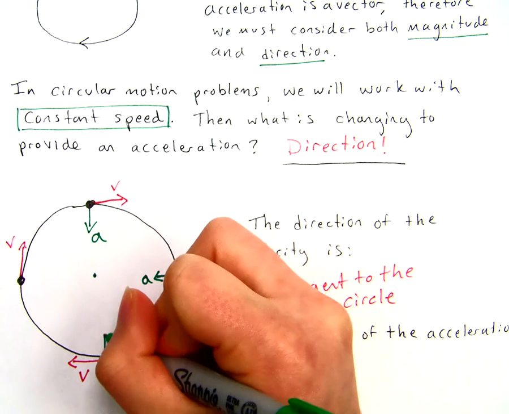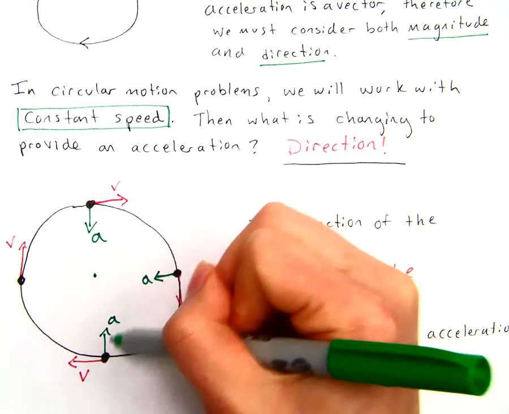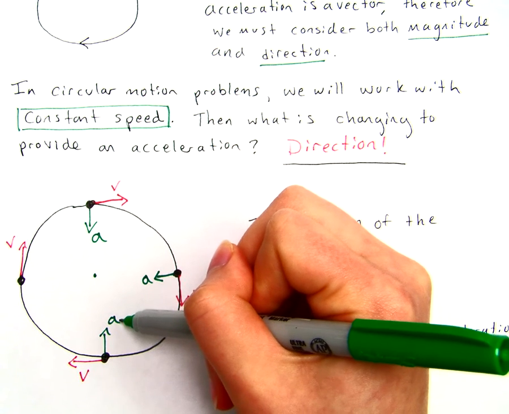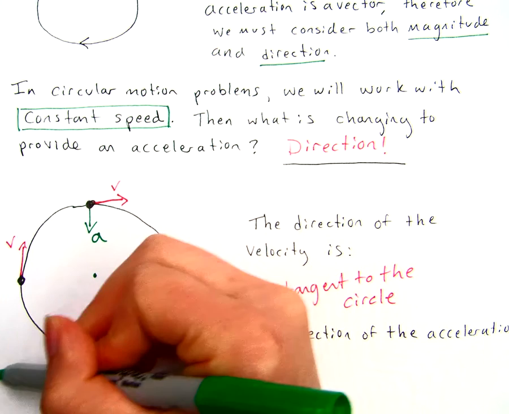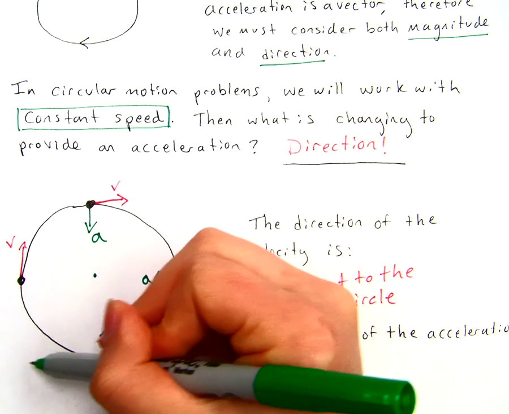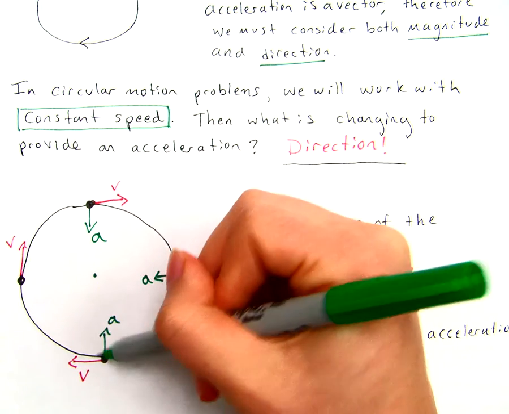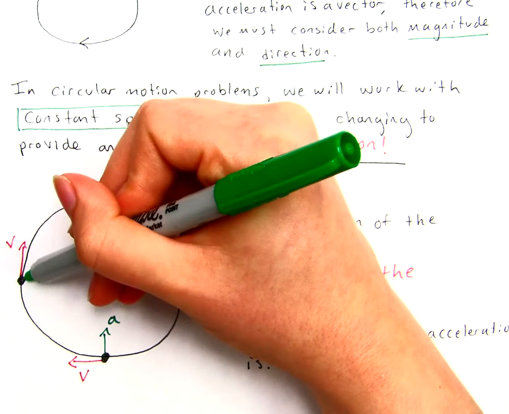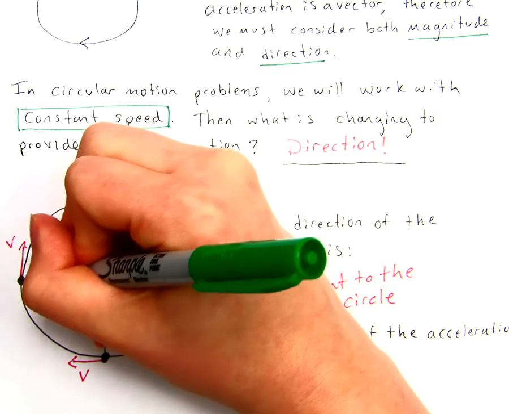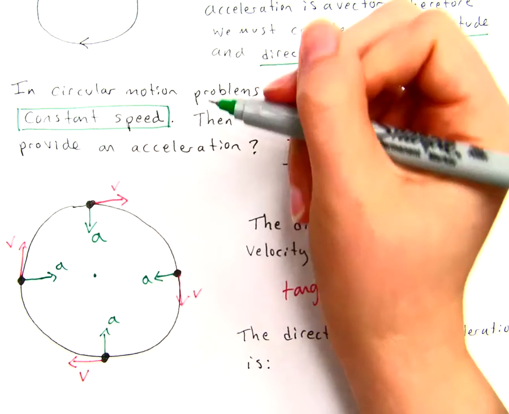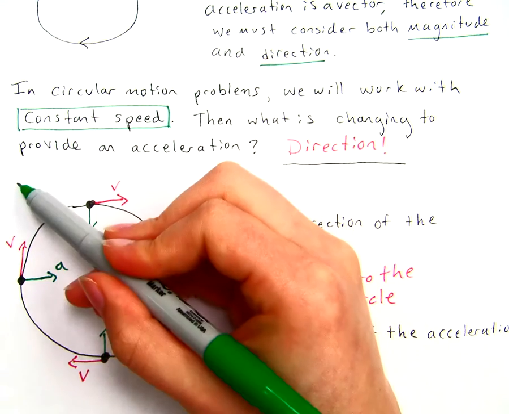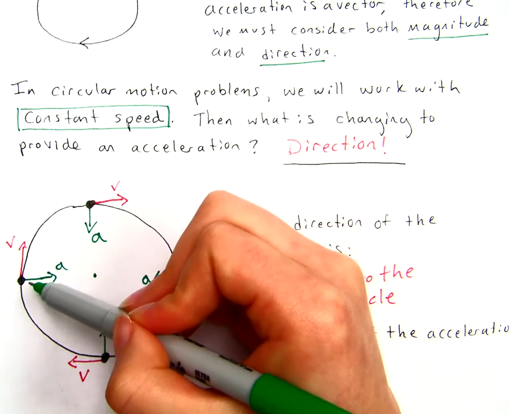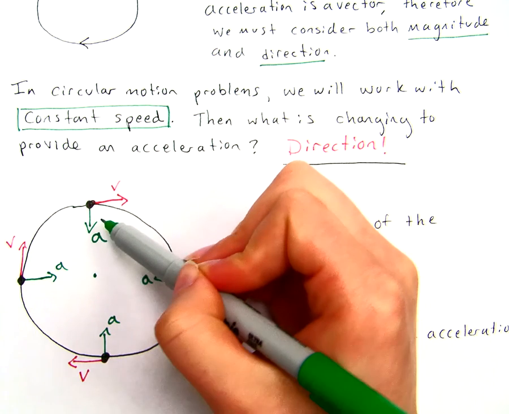Once again, without this inward seeking or center seeking acceleration, the velocity would fly off, in this case off your screen. We have this acceleration swoop us around to this point, and without that same acceleration, it would fly upwards. But because it has the center seeking acceleration, it swoops back around to the top.